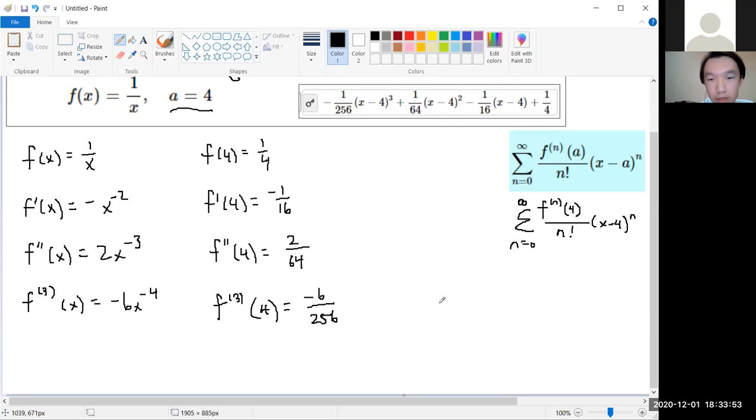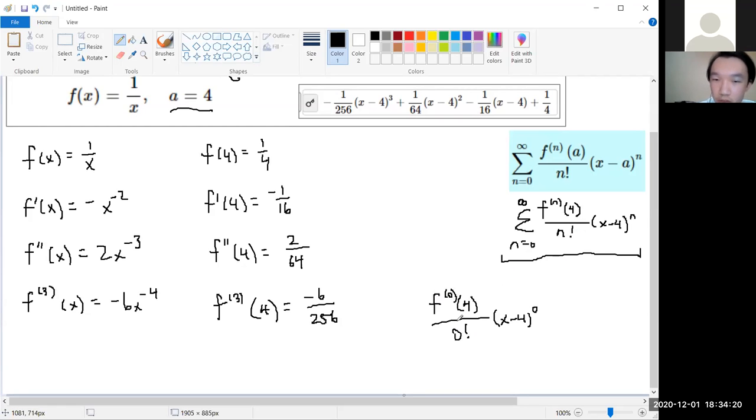So now let's write out the power series. So here's a Taylor series. When n equals 0, what term do we get? We're going to get f0 of 4 over 0 factorial times x minus 4 to the 0 power.